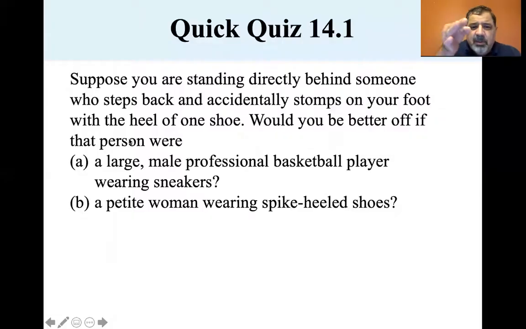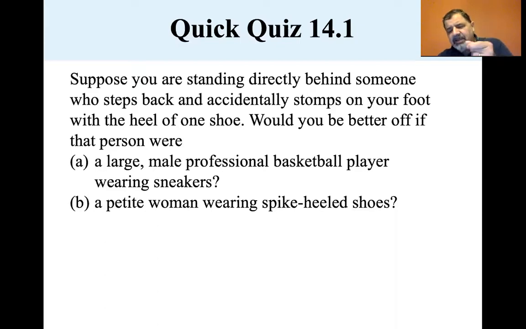Well, the woman in the spiked shoe is putting a whole lot of pressure on a small area. The petite woman wearing spiked heels has a lot of her weight concentrated on that spiked heel.